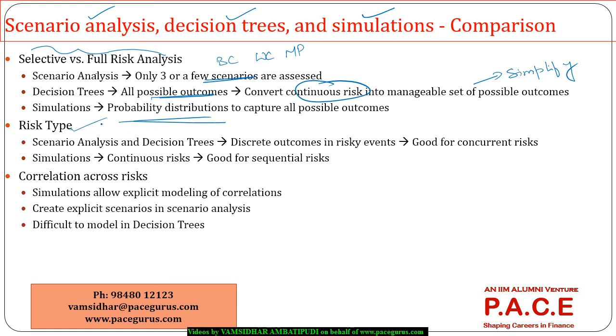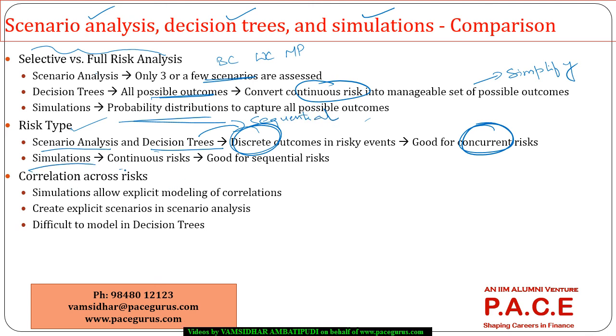Coming to the risk type, in scenario analysis and decision trees, we look at the risk type to be more of discrete outcomes. So they are much better suited for concurrent risks occurring at one single point in time. Obviously, the decision trees can also be useful for sequential risks as well.